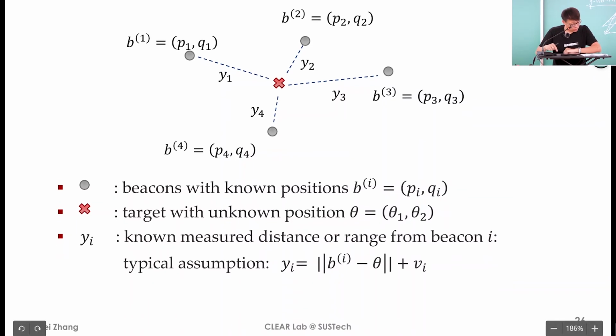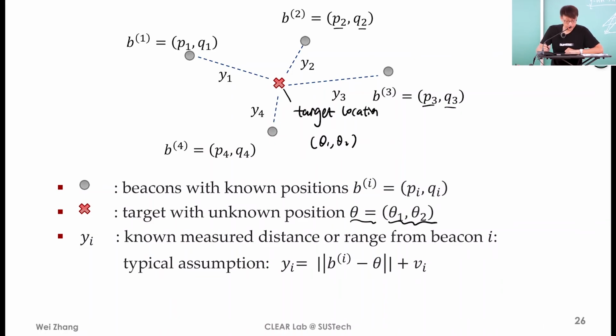So those P3, Q3, P2, Q2 are known, and the unknown is theta. I call them theta 1 and theta 2. That's the planar location of this target, two coordinates.